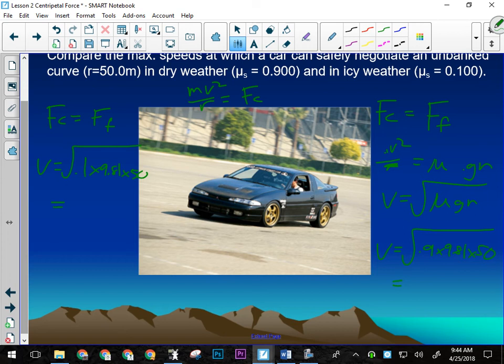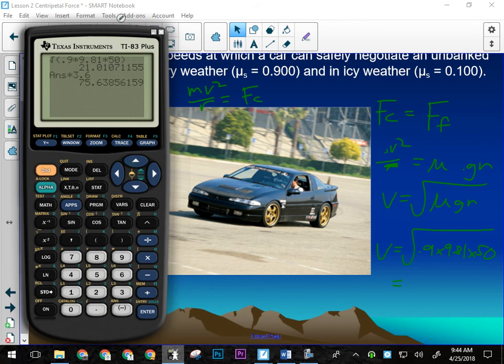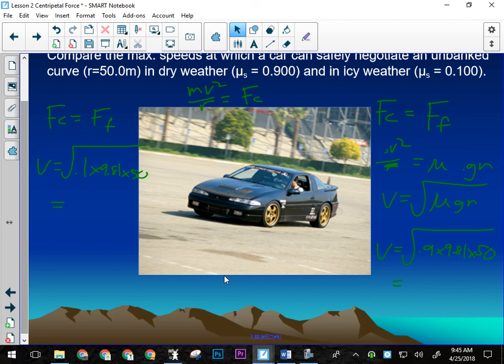All right. So when we plug this in, 0.1 times 9.81 times 50, we get 7, exactly 1/3 of 21. So we have to go 3 times slower, essentially, because of the reduced friction.